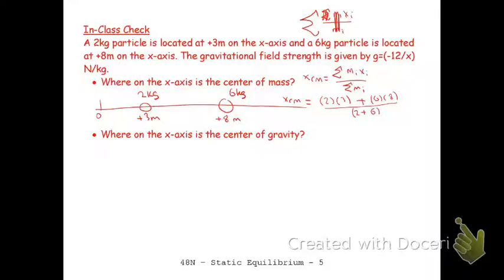So this is going to be 6 added to 48 over 8. So that's going to be 54 over 8, which equals 6.75. And the units will be in meters because we're measuring a distance.